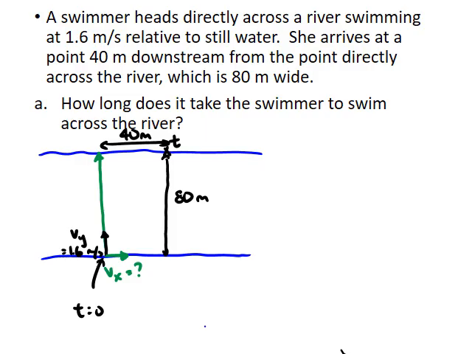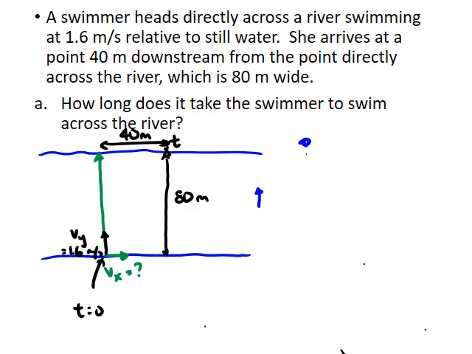So how long does it take the swimmer to swim across the river? Now, the swimmer's swimming this way. But the key is, we don't care about the swimmer's motion up or downstream on the river. All we care about is the swimmer's motion across the river in the y direction. So this is constant velocity.